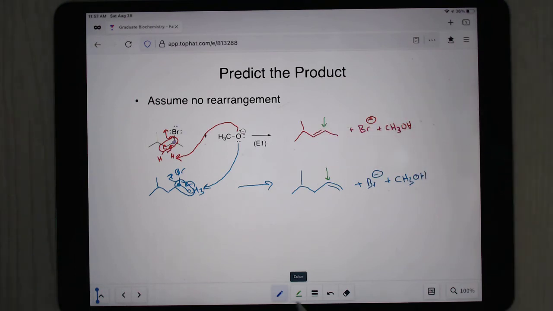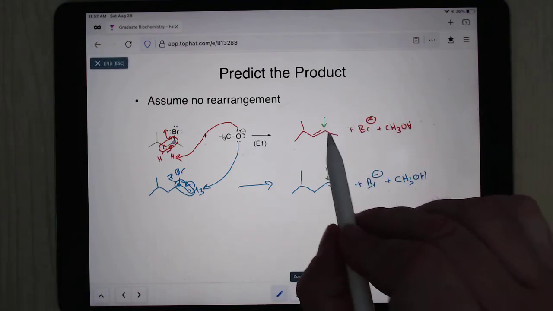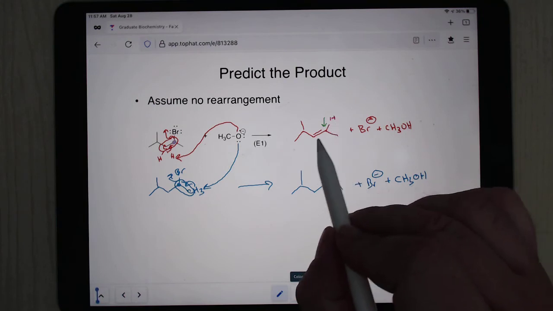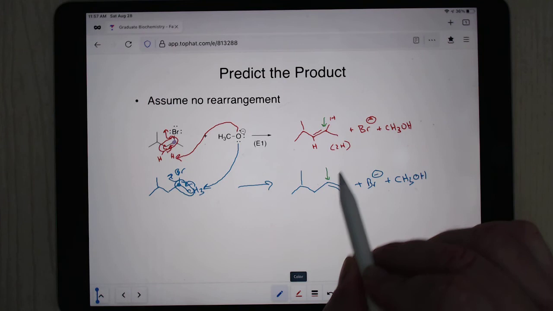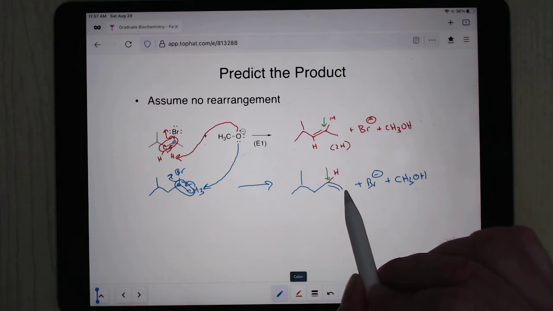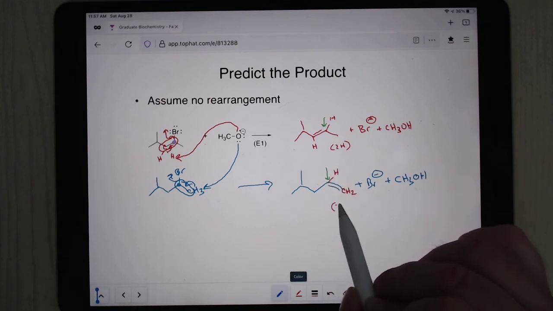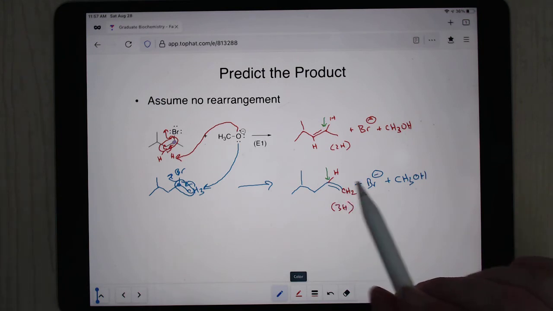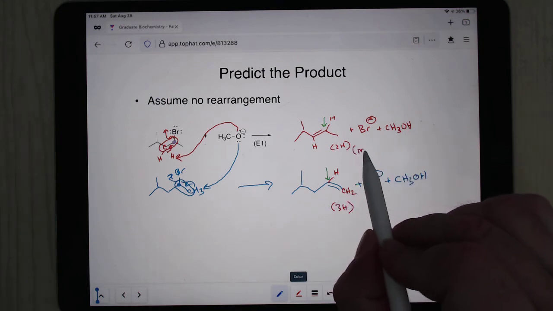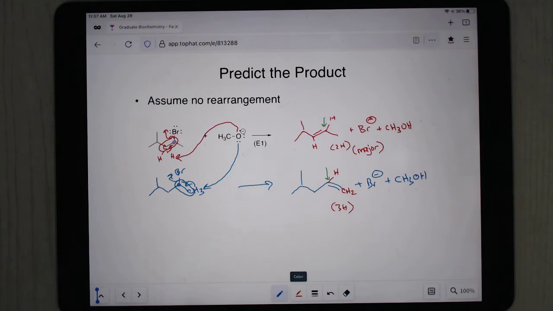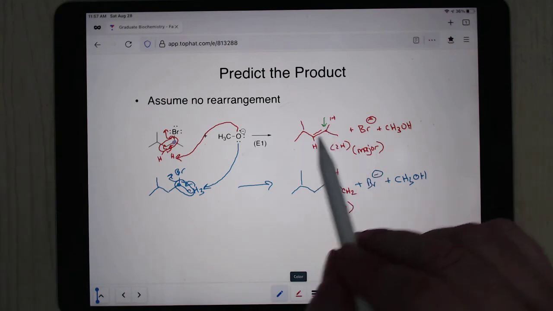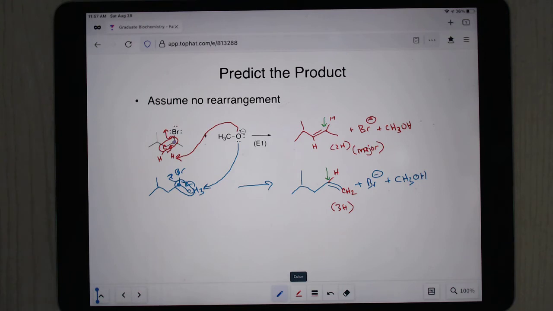If we want to say which one's the major product, again we look at those hydrogens. This one has 2. This one has 3 hydrogens total on that double bond. So this one's going to be the major product, because it's more substituted, it's more stable. Zaitsev says this is it.